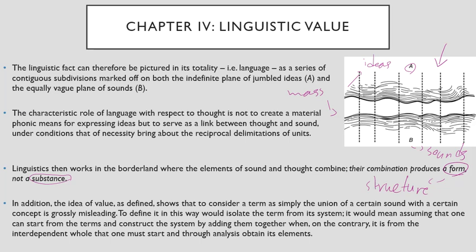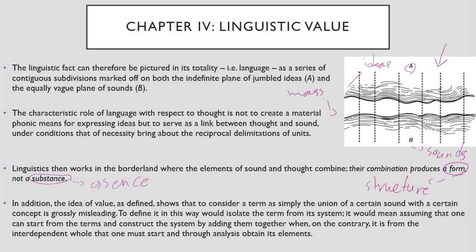Language works in differences, so there is not exactly an inherent essence going on here with the combination of sound and thought. There's only difference, and there's only system, and there's only structure or a form.